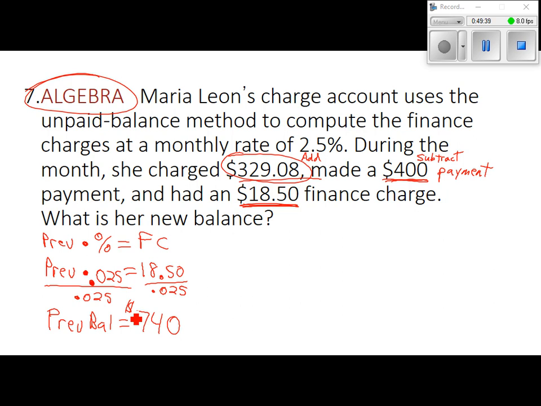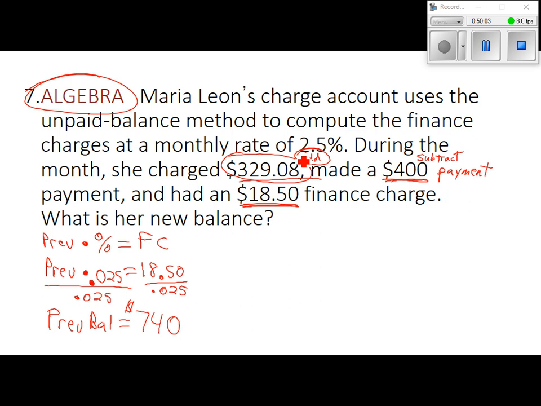She charged in this amount and made this payment. Now we have to be careful here because that was her previous balance. She charged in this amount, but made a payment. How are we doing that? Yeah, it's 740.